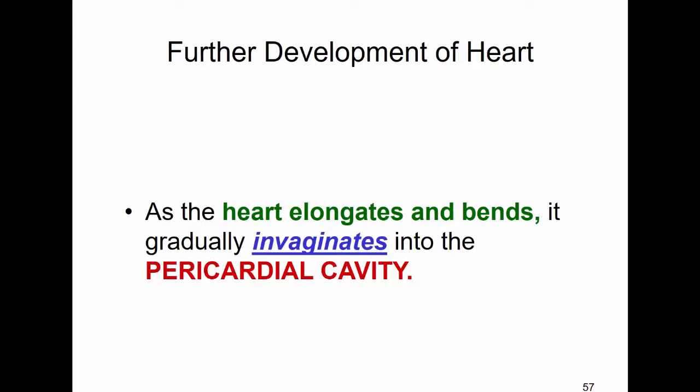So when the heart elongates and bends, it gradually invaginates into the pericardial cavity from above, from above to below, because we have seen that due to cranial folding, the pericardial cavity comes to lie at the caudal region of the heart tube. Do you remember? Yes, it comes down.